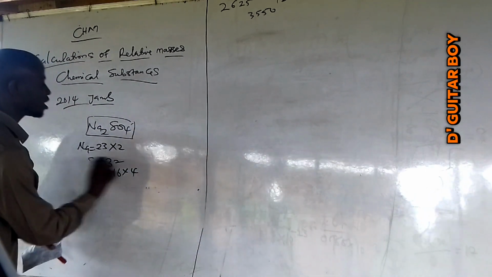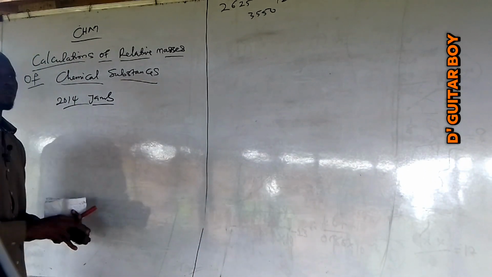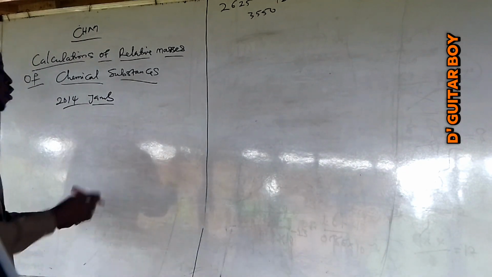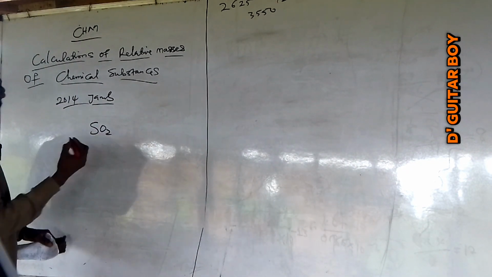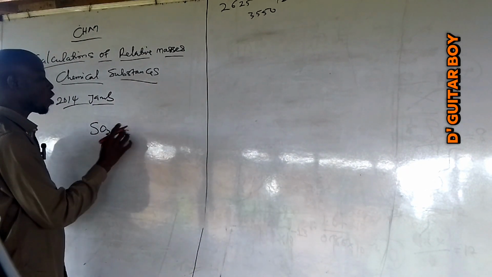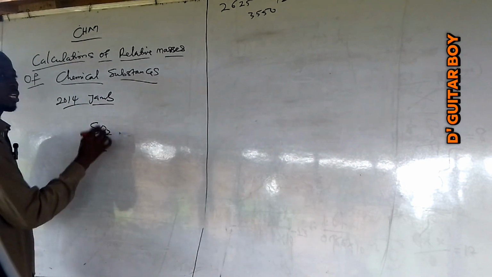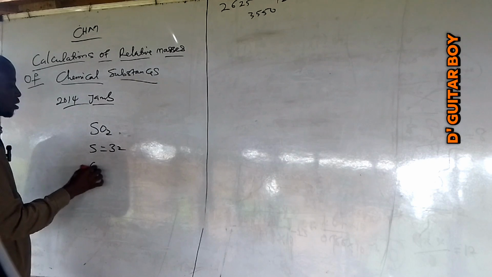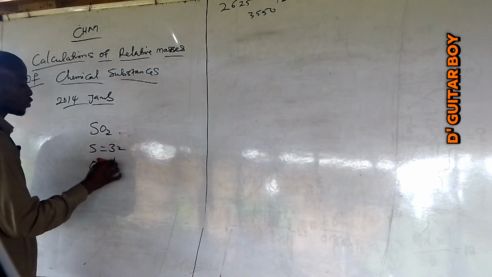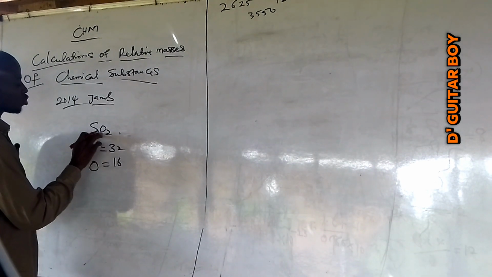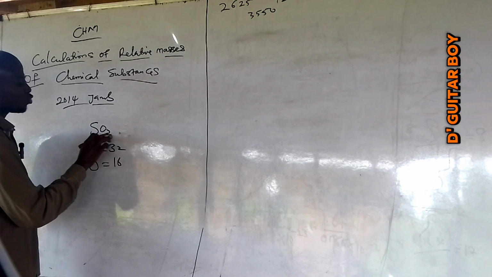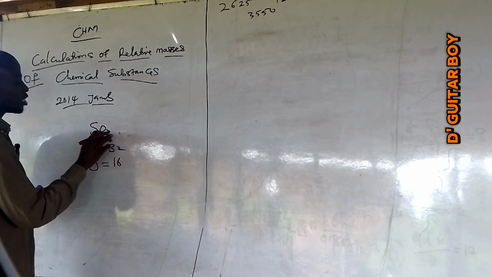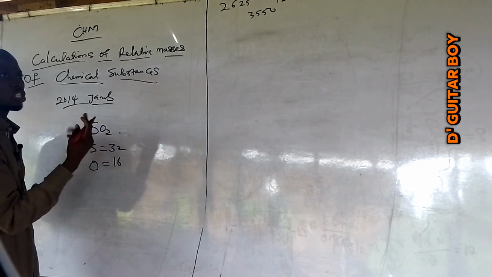That's how you calculate the relative masses of substances. If you are also asked to calculate the relative mass of sulfur 4 oxide, SO2, sulfur has the relative mass of 32. Then oxygen has the relative mass of 16. Since we have 2 oxygen, because you see 2 here, it means this oxygen is 2.